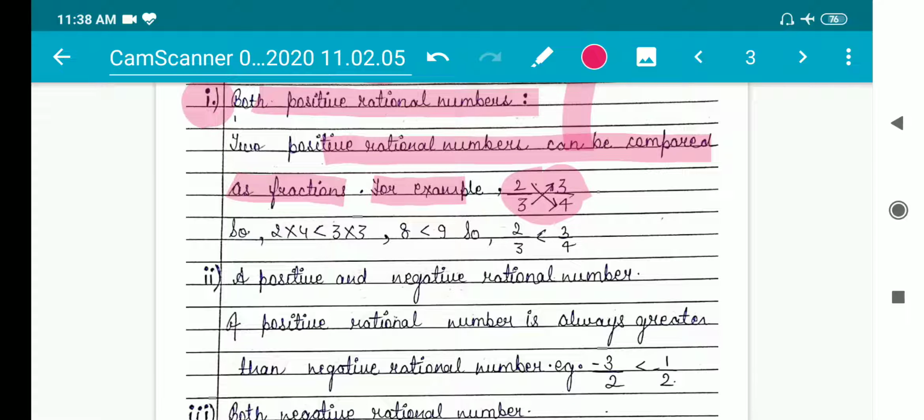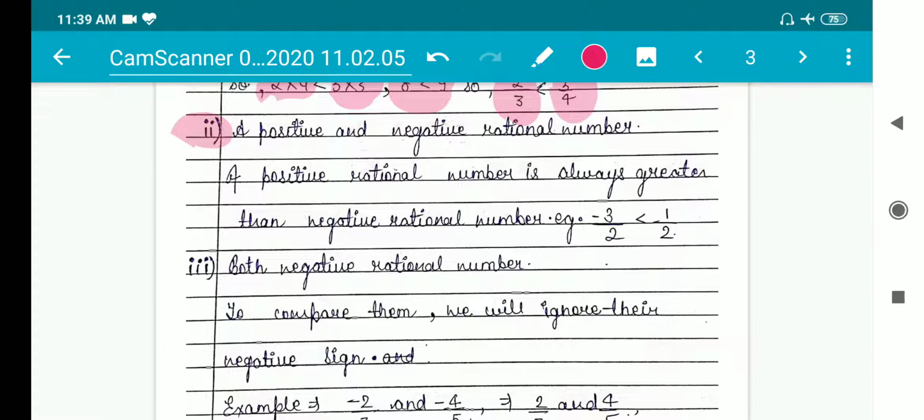If we multiply 2 into 4 and 3 into 3, 8 is smaller than 9. By taking the numerator, we multiply 2 into 4, and the result goes to the numerator. So 9 is greater than 8, so 2 by 3 is lesser than 3 by 4.